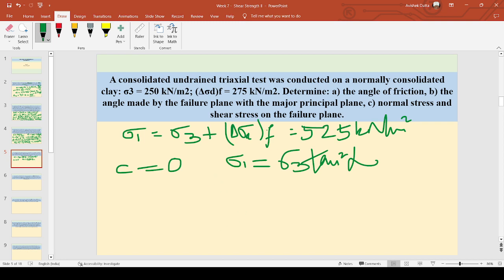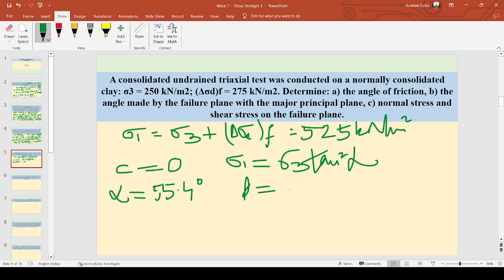Sigma 3 we have already given. We get the value of alpha as equal to 55.4 degree, and the corresponding value of phi is equal to alpha equals 45 plus phi by 2, so phi equals 2 into (55.4 minus 45), which is 20.8.